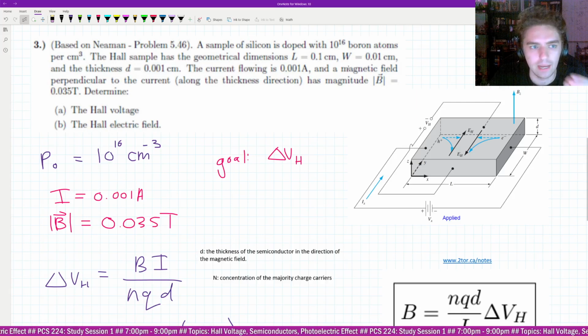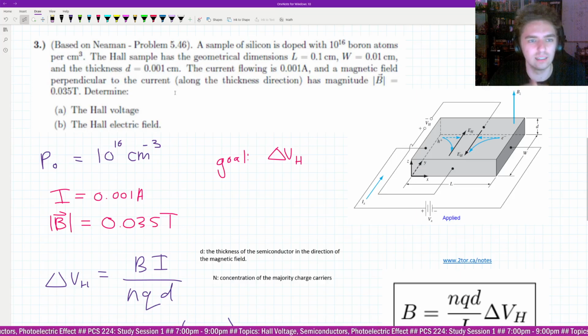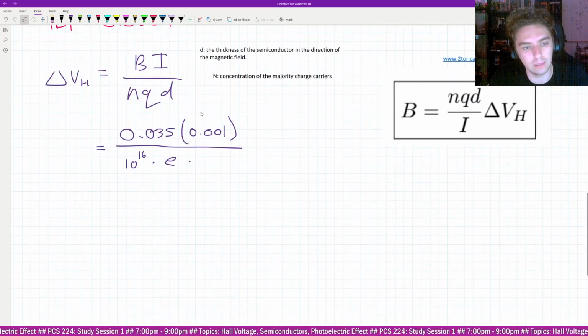Magnetic field perpendicular to the current, which is like this, right? Well, it's along the thickness direction. So D is 0.001 centimeters.